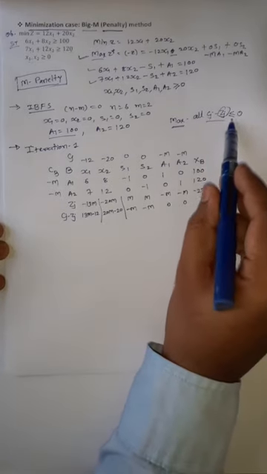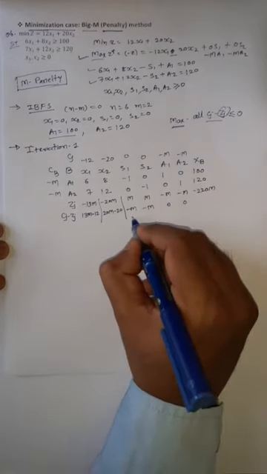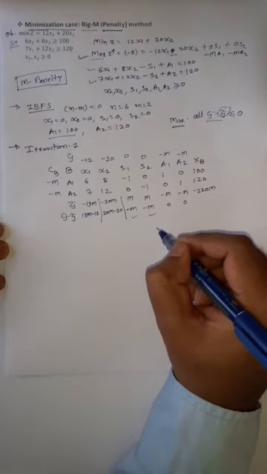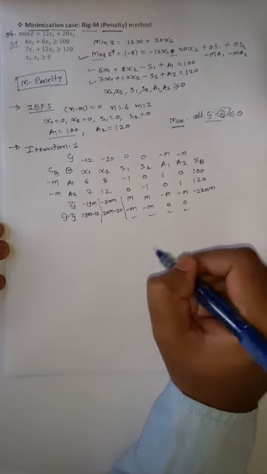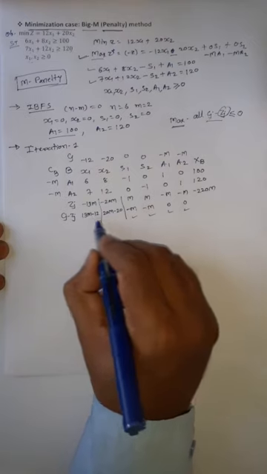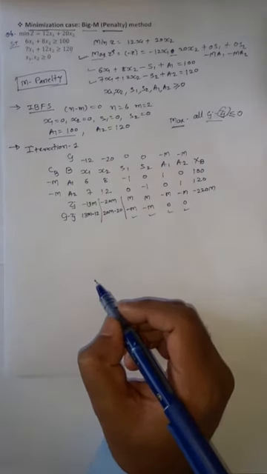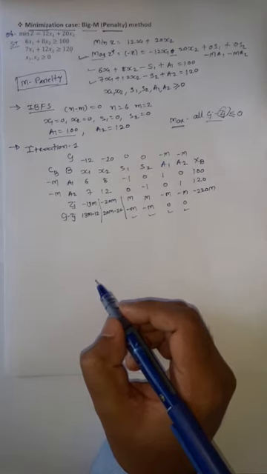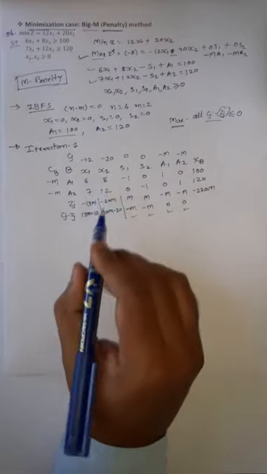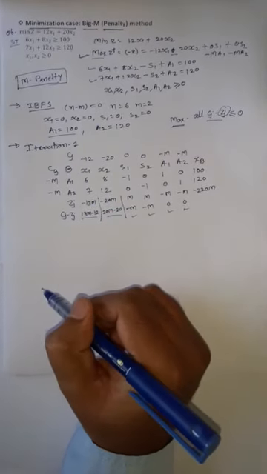Cj minus Zj must be less than or equal to 0. Here there are 2 which are less than 0 and 2 which are equal to 0, but there are two values which are positive. So there is some possibility of improvement in the value of the objective function with the help of either x1 or x2 because both have a positive value here.